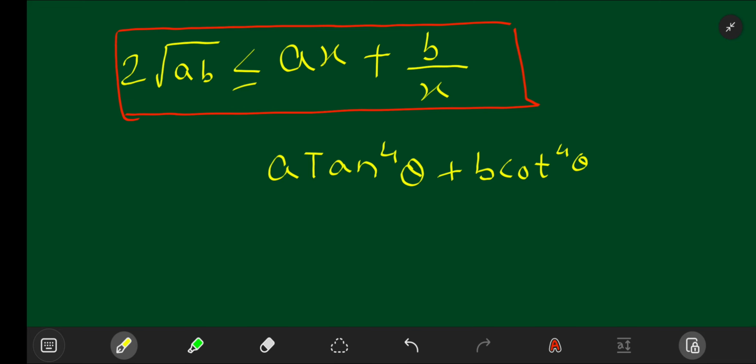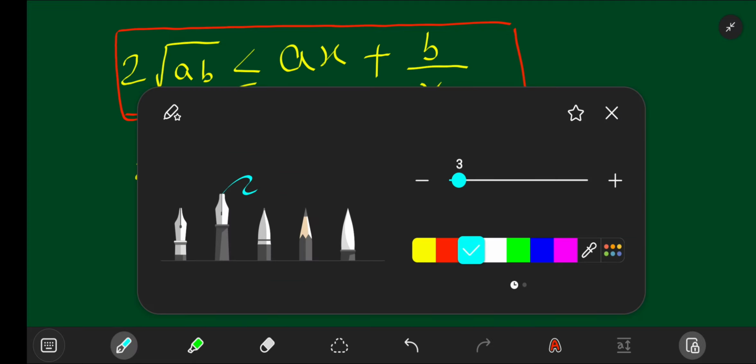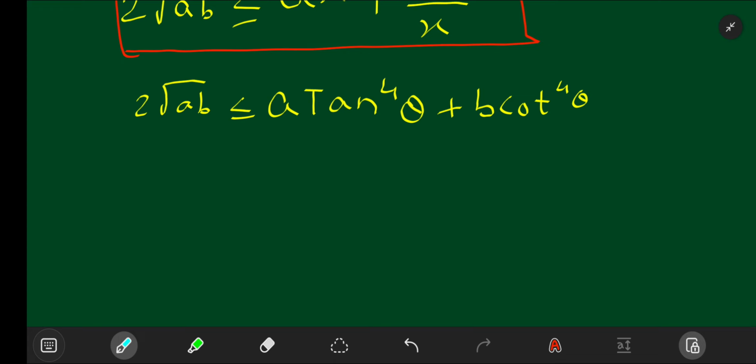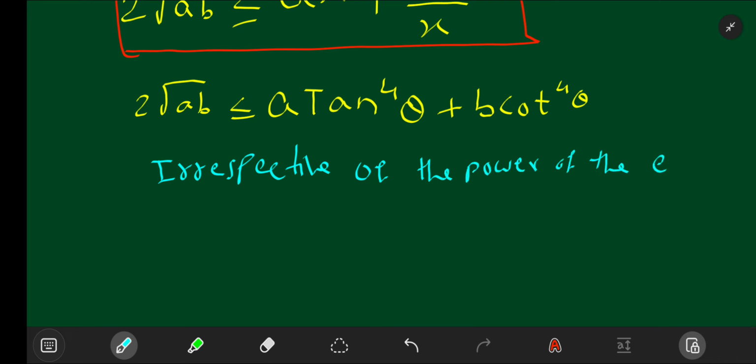Then its minimum value is 2 root ab, a into b. Same here also, irrespective of its power, the minimum value is always 2 root ab, irrespective of the power of the equation.